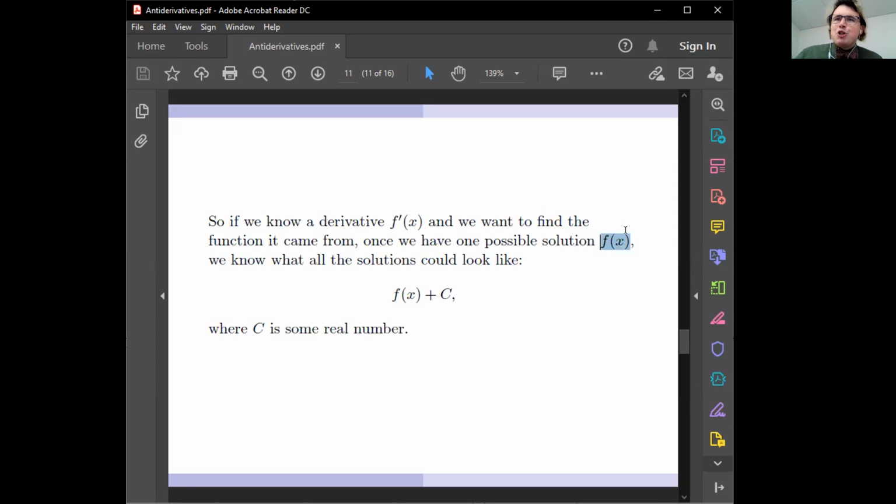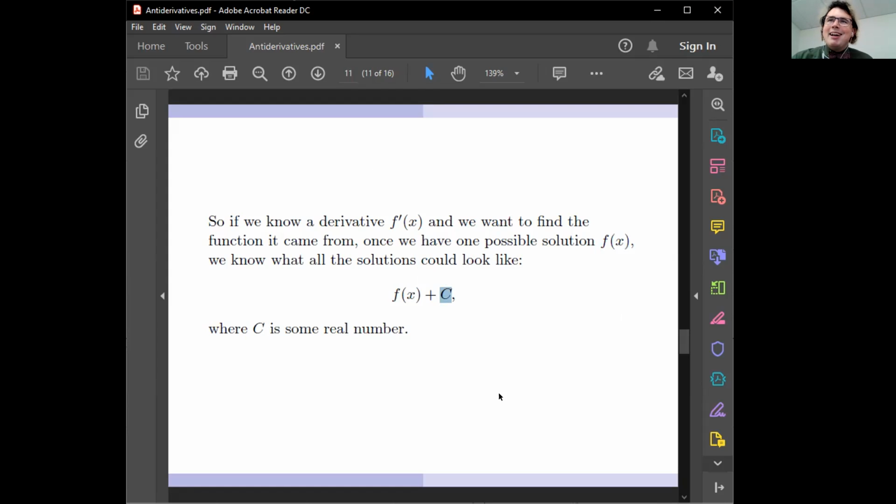So I'm going to look for just one possible solution. Once I have that possible solution, the real answer has to be the solution I came up with plus some constant, plus some number.